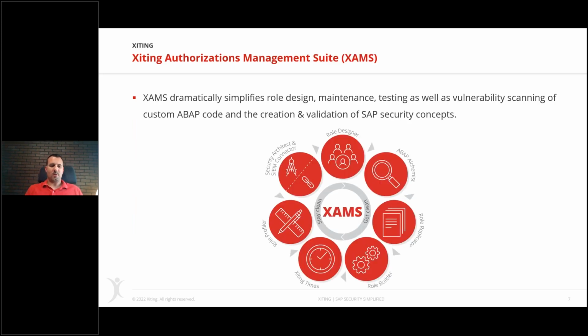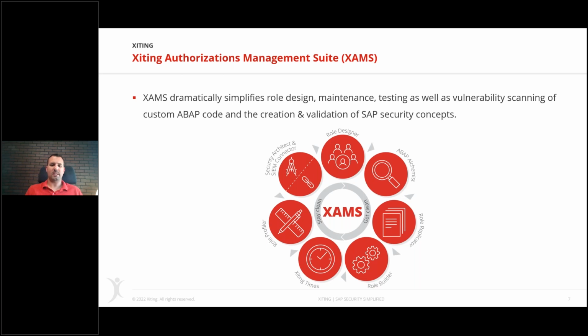The tools that we want to talk about today are part of the Xiting Authorizations Management Suite, in short XAMS. We talked about that in the past in plenty of webinars. The XAMS is basically a suite of tools that has different modules. It's 7 modules to be specific, that do different things, from code scanning, role design, role maintenance, role testing, vulnerability scanning, all the way down to security monitoring and audit, what we do as part of the solution that we call the Security Architect.